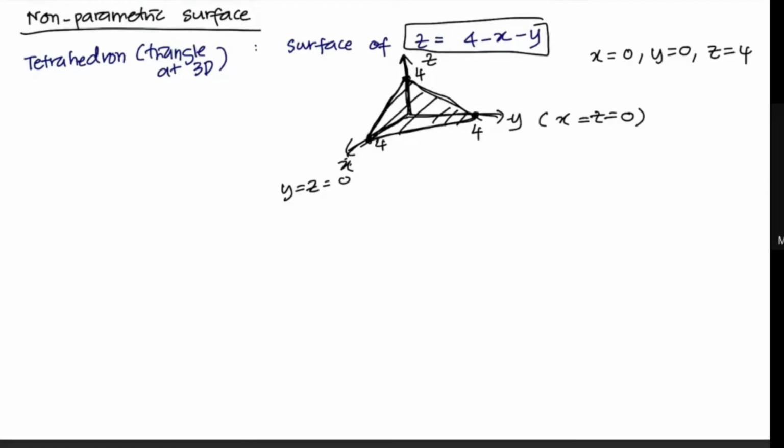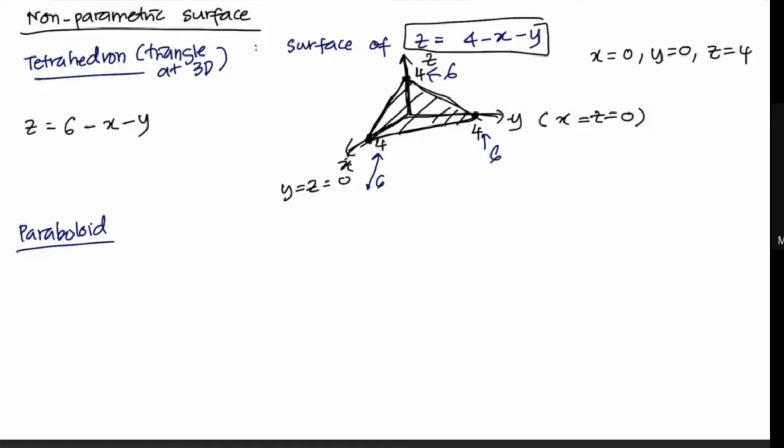Okay, next we have paraboloid. This is the surface z equal to 16 minus x square minus y square.